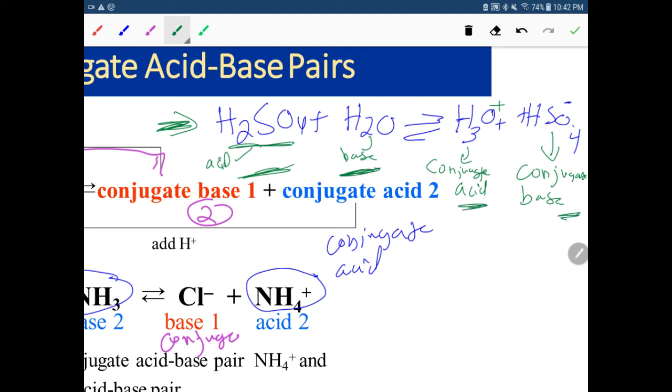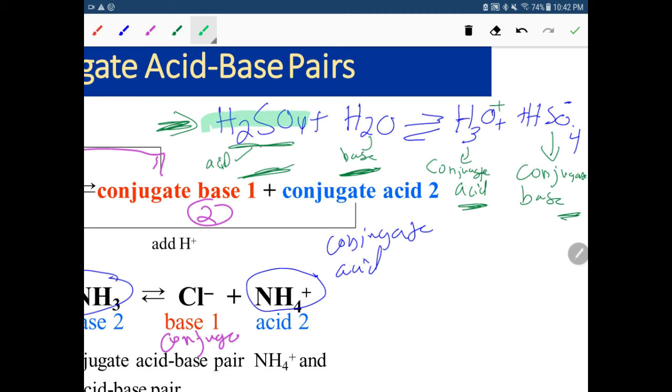All right? That's what the question is going to ask you. If it asks you to identify the conjugate acid base pairs, it's going to be the acid to its corresponding conjugate base, and the base to its corresponding conjugate acid. So you have H2SO4.